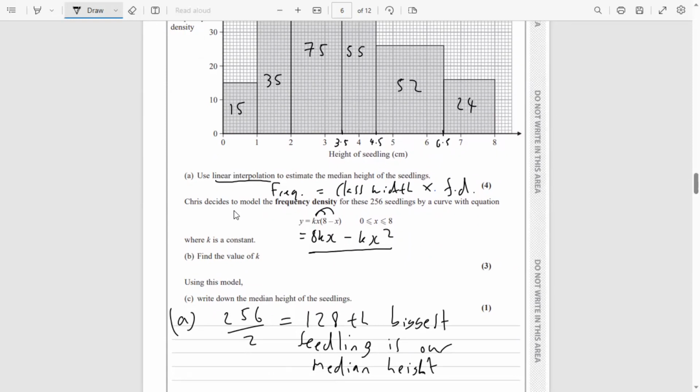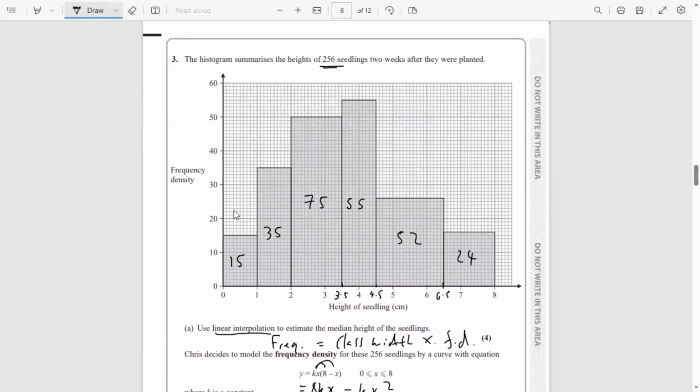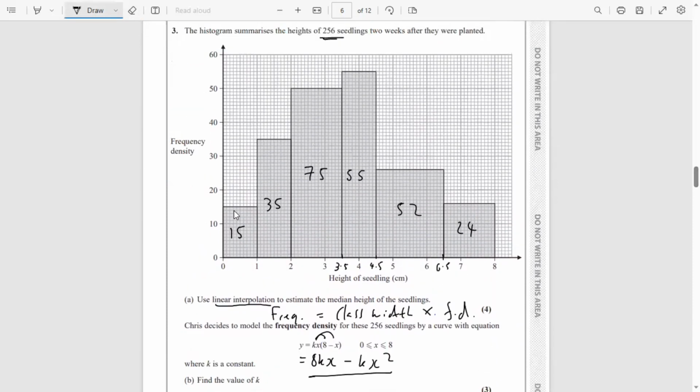So remember, the area of the bars in our histogram is the frequency. So basically, you can think about it like an integral, right? If you integrate all these bars up and add them up, then that's going to be your total frequency. So if we've come up with a graph which is supposed to impersonate a histogram, then the area under the graph needs to be the total frequency, just like a histogram.